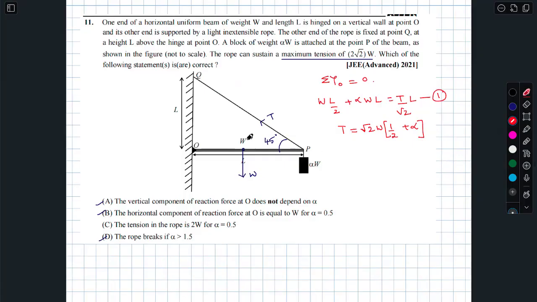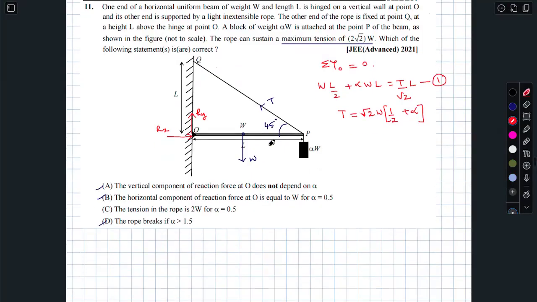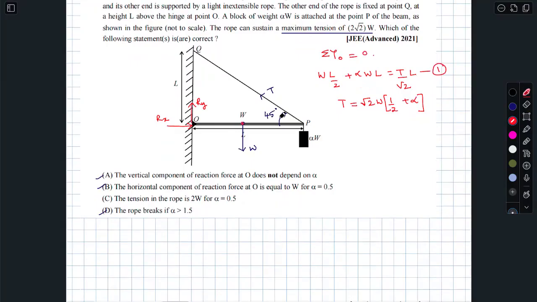I'm assuming the reaction forces are like this, Ry and Rx.